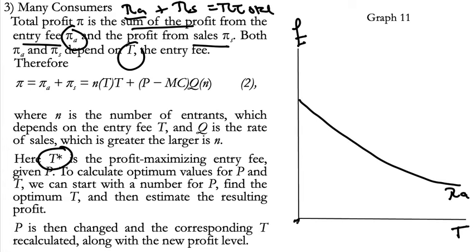More membership, more they will take buffet, more profit you can get from buffet. But after some time, if you increase the entry fee, less membership, less sales, isn't it? Less sales, profit from sales declines, isn't it? Okay, let me draw it properly here because this one is not very smooth. Okay, so this is pi S.